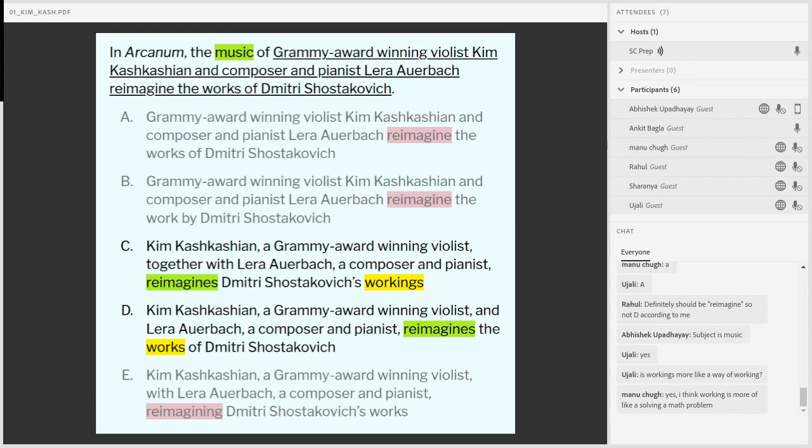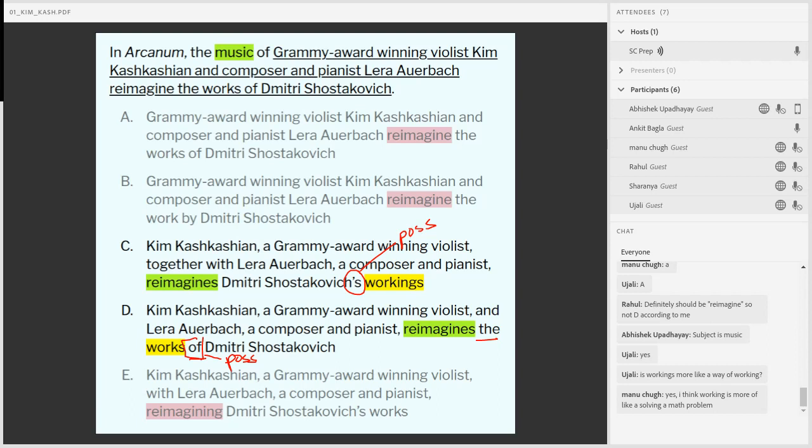So if you look at this apostrophe S, this is what we normally call a possessive, right? This X of structure is also a way of forming the possessive. So we can say reimagines works of Dmitry Shostakovich. Would that be correct? The works of Dmitry Shostakovich, yes. Or you could say reimagines Dmitry Shostakovich's works.